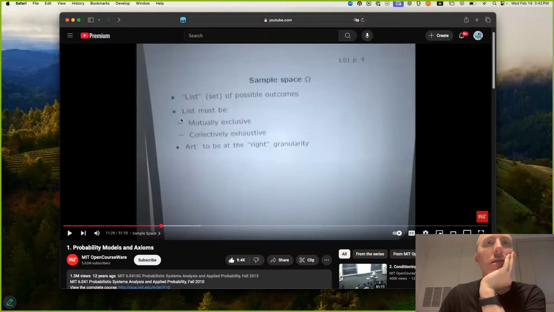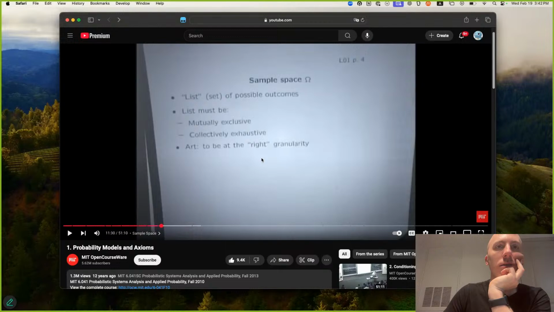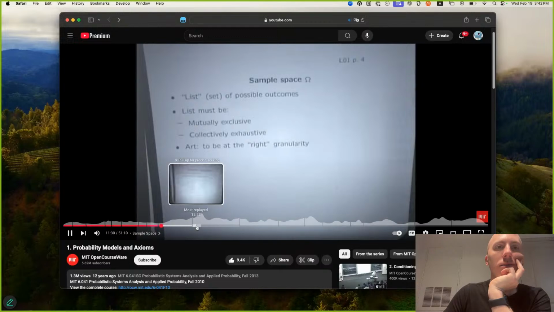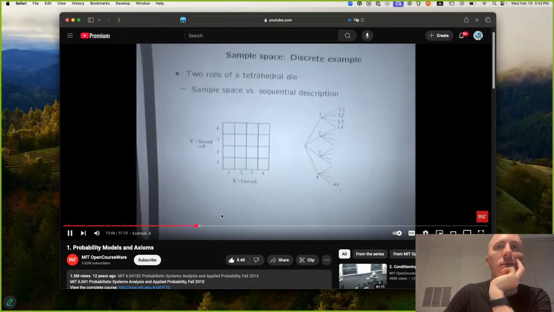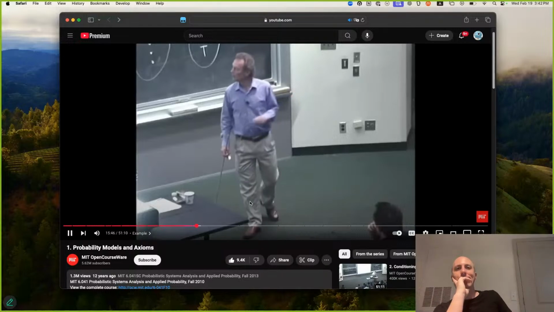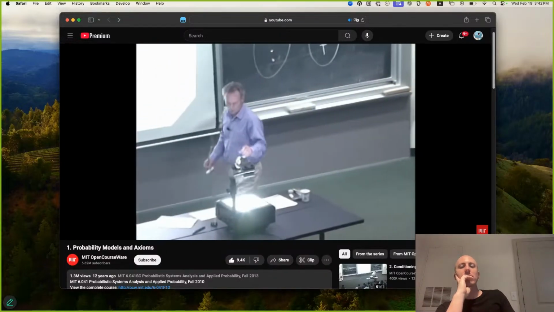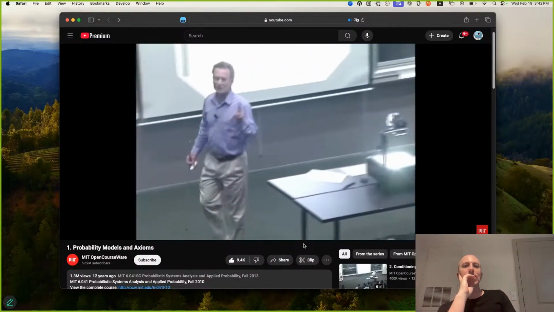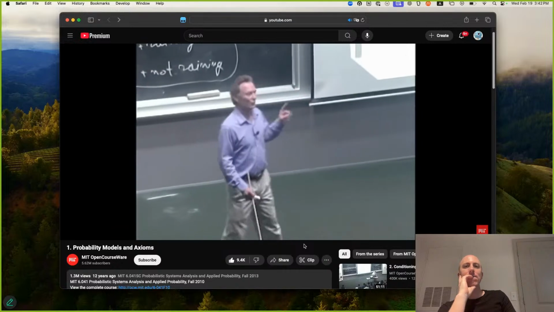The sample space is a list or set of possible outcomes, mutually exclusive, collectively exhaustive. And that's something that happens, which is 1, 2, 3, or 4. However, the experiment that I'm going to think about will consist of 2 rolls of a die.